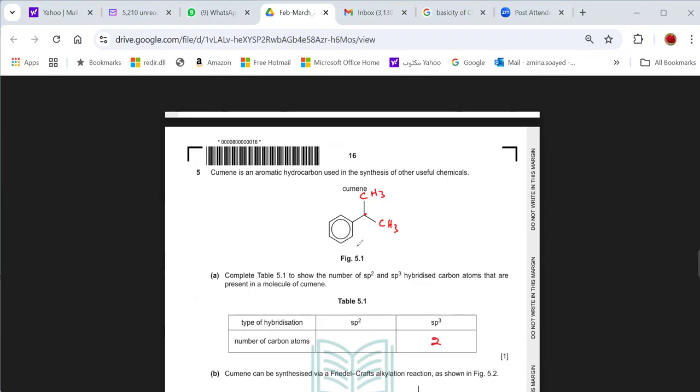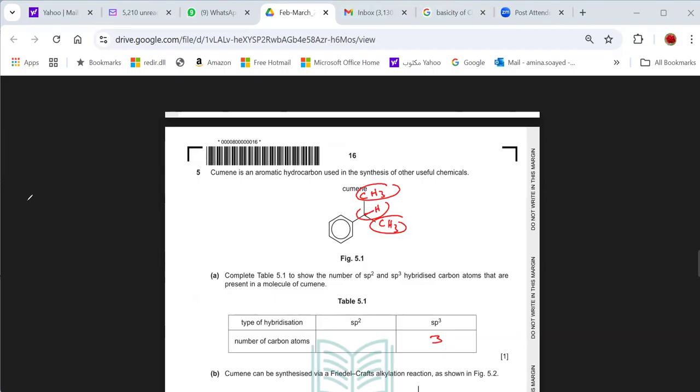Here this carbon is bonded to a hydrogen, and also this will be 3, because this carbon is bonded to 3 carbon atoms and 1 hydrogen, so it's also sp3. The ones in red are sp3s.